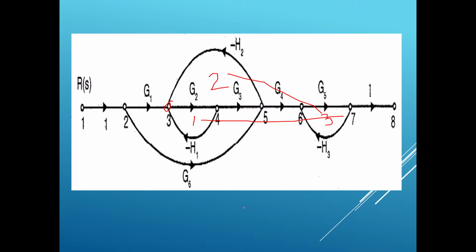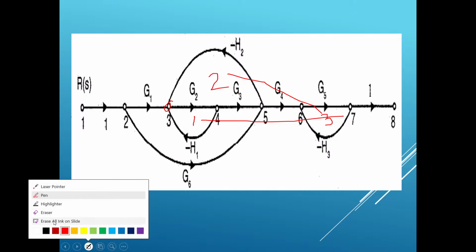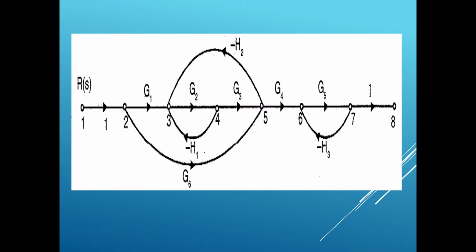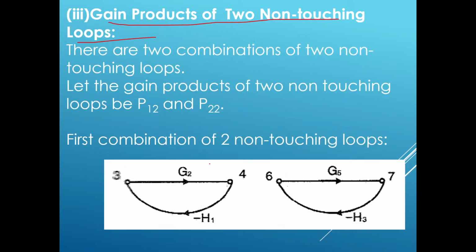How many pairs of non-touching loops did we get? Two pairs. So there are two combinations of non-touching loops.